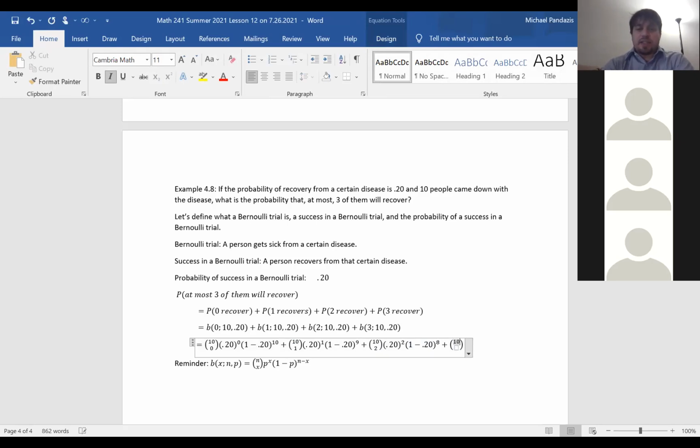Okay, so then 10C3, this would be annoying to refer to the notation every time writing this down, times 0.20 raised to the 3rd power times 1 minus 0.20 raised to the 7th power.